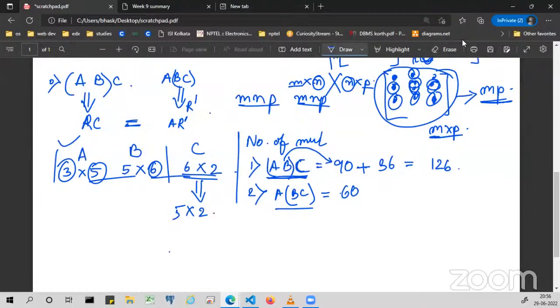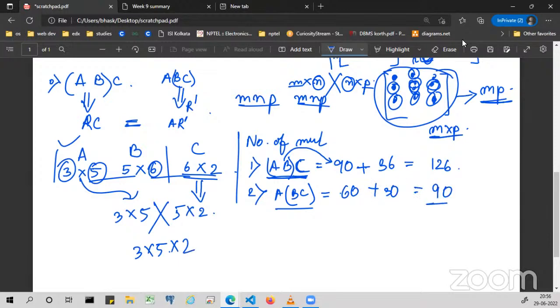So I got a 5 cross 2 matrix multiplying with the 3 cross 5 matrix, A. What would be the result now? 3 into 5 into 2, 30, so 60 plus 30 is 90. See, same thing. These two are equal, right?